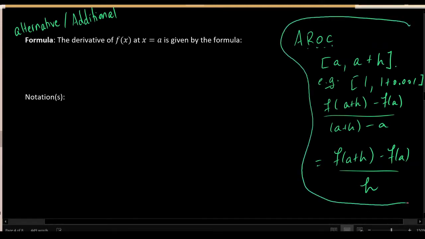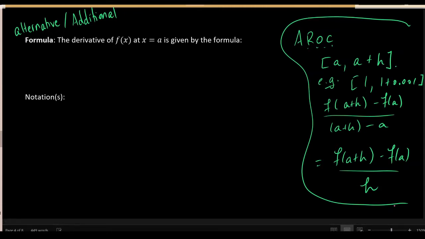So having expressed the average rate of change in this format, if we want to get a derivative formula, all we have to do is apply an appropriate limit to this average rate of change so that the time interval gets smaller and smaller and smaller.